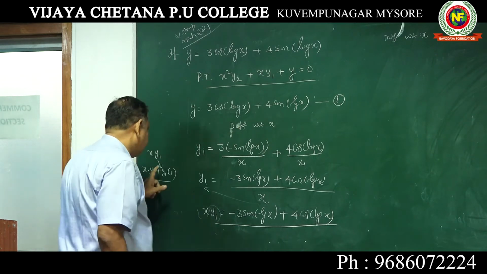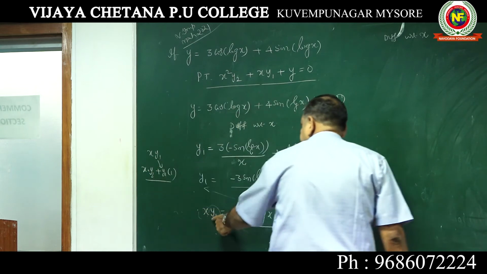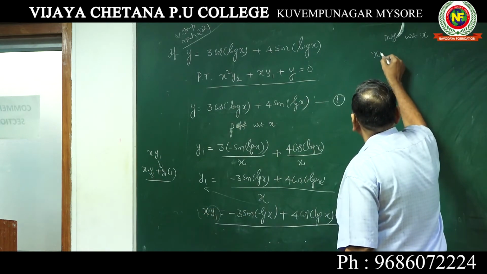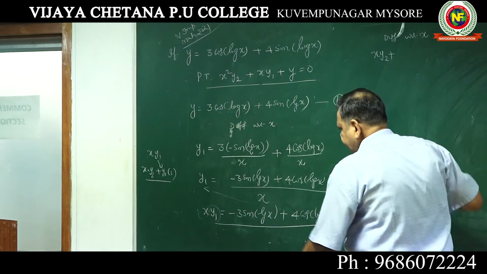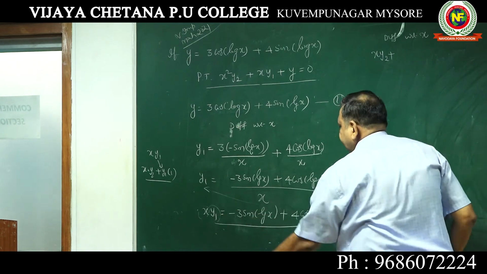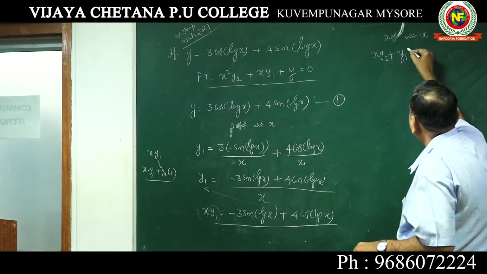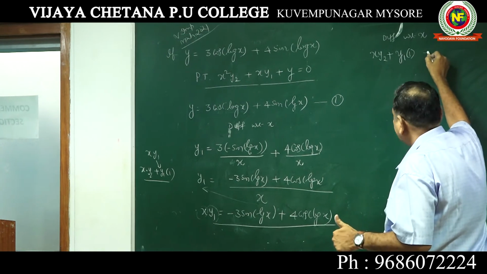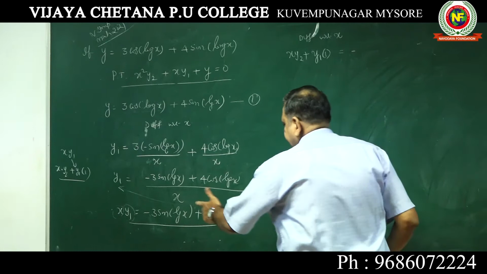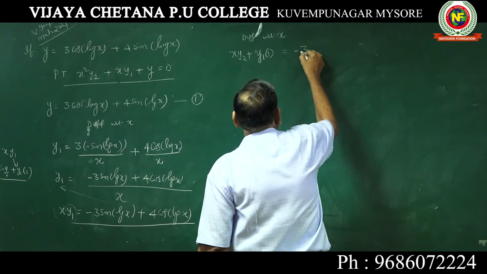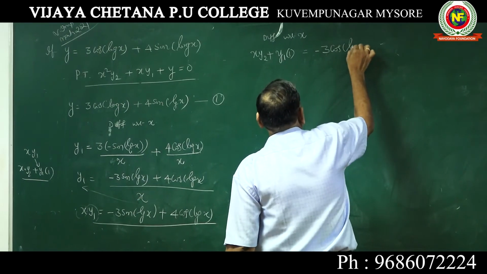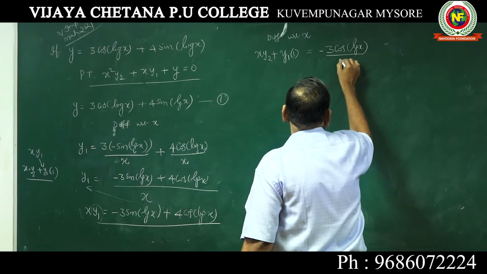So this differentiation, please note, when you differentiate, left side will become x y2, x into d by dx of y1 is y2, plus y1 into actually d by dx of x is 1, is equal to, here further differentiation, minus 3 cos log x divided by x. Understood?